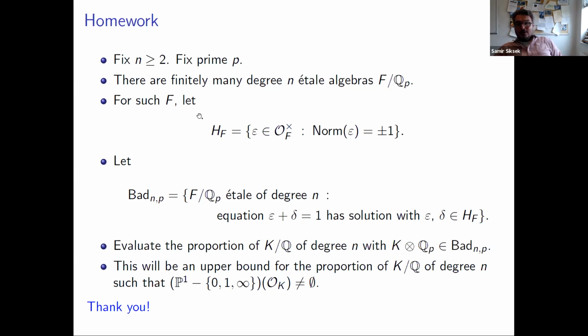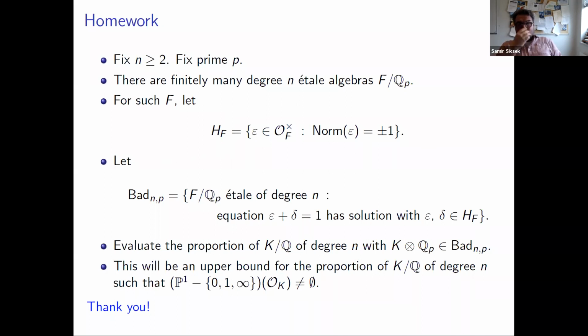And why do we look at this group? It's because one way of getting an étale algebra is to start off with a number field of degree n and tensor with Qp, and then the units of the integers of the field will end up here.